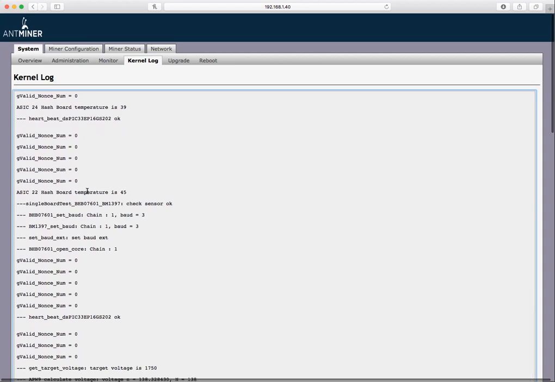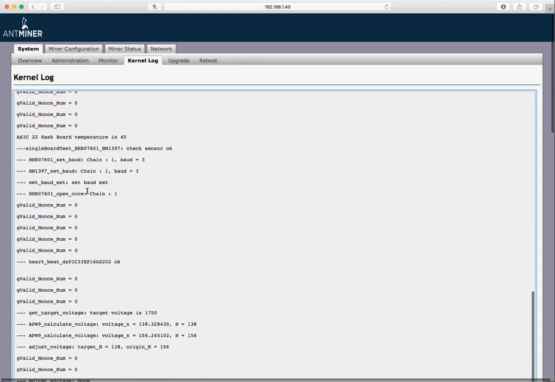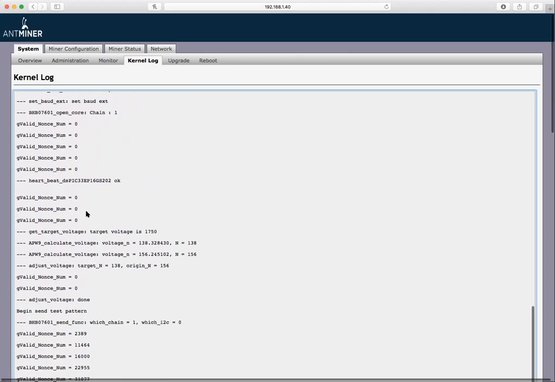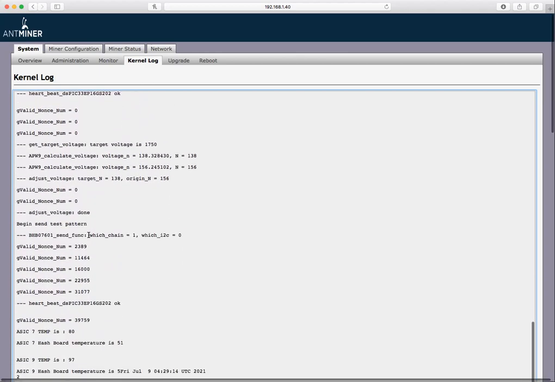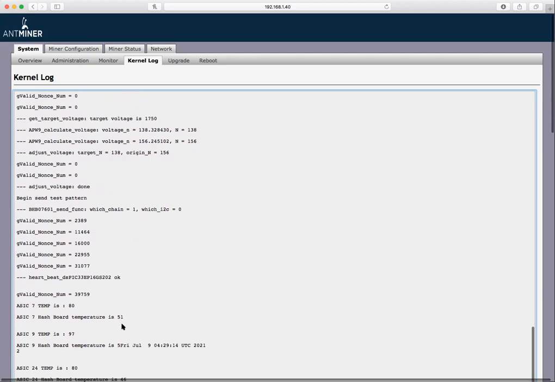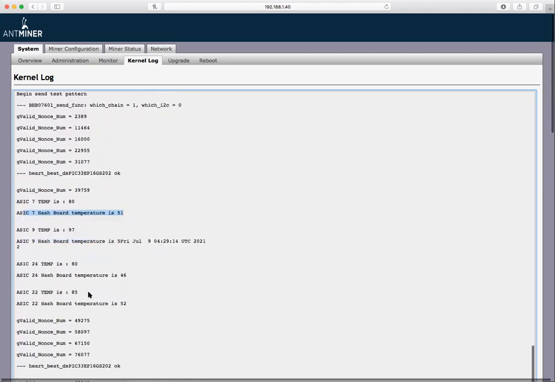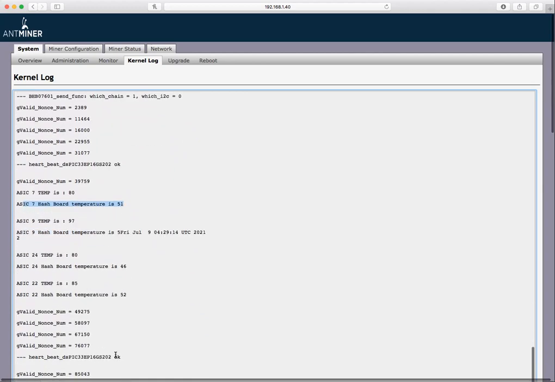I couldn't tell you. But it does some hashing. This gvalid nonce num is a hashing type of function, I think. It's going to check your voltage, and it's checking the temp sensors right here, one right after another after it does some hashing. So you see my temperature is warmed up. I have a fan on this, but it's really hard to keep cool.